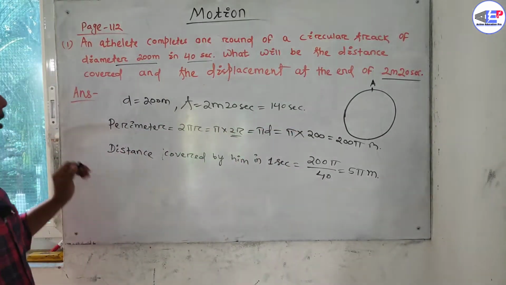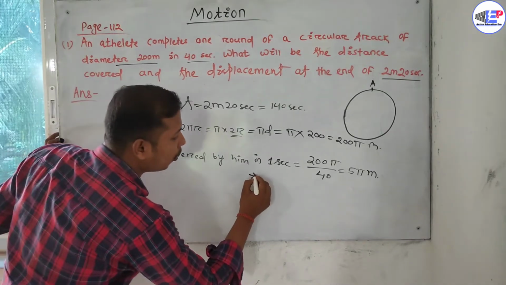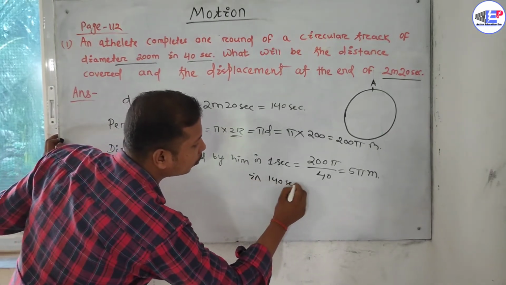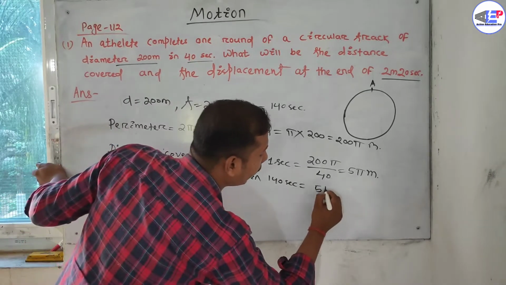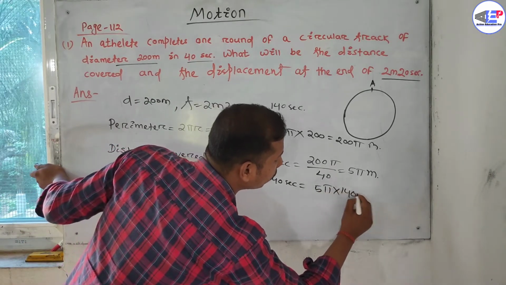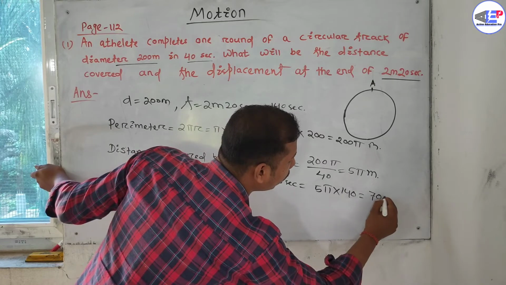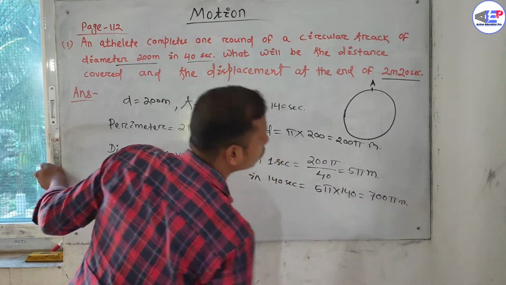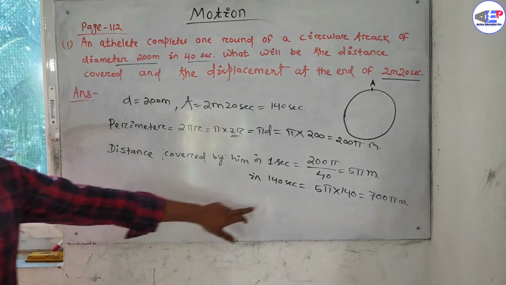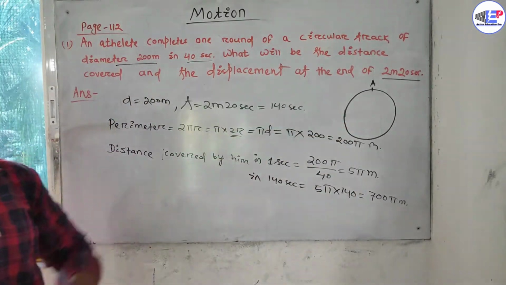The distance covered by him in 140 seconds will be equal to 5 pi into 140, which is equal to 700 pi meter. So the athlete covers 700 pi meter in 2 minutes 20 seconds.